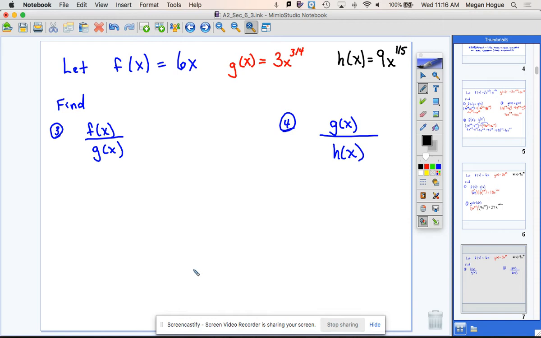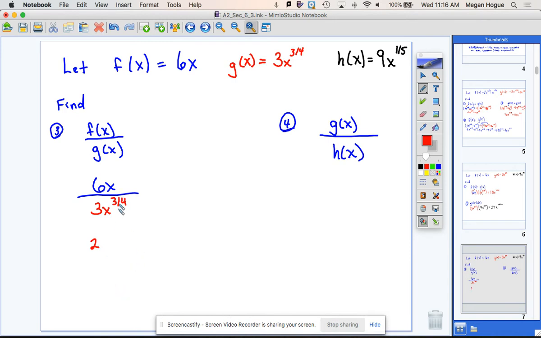So you're still on that same thing across. This is number 3. We've got f of x divided by g of x. So f of x, I plug in 6x. g of x, I've got 3x to the 3/4. Well, I divide the 6 and the 3, 2.